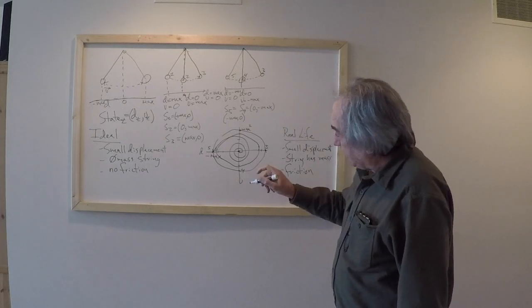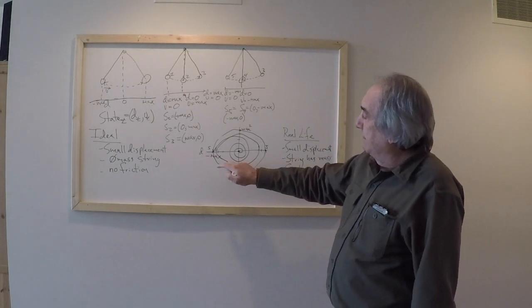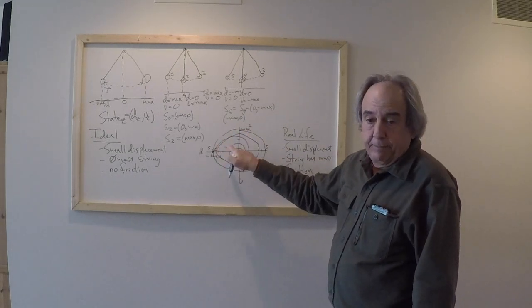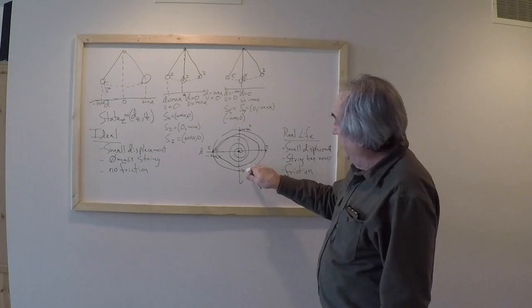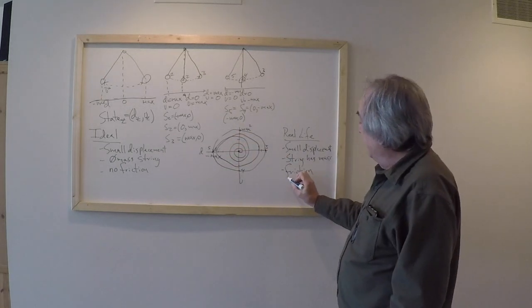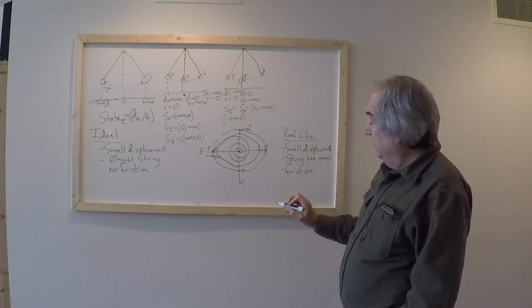So in real life, the attractor of a pendulum has this curvy bit, a spiral, and the nature of this spiral will be determined by a number of things.